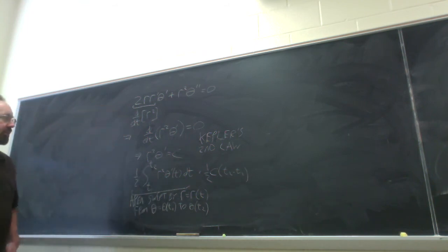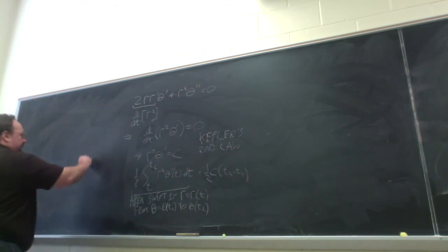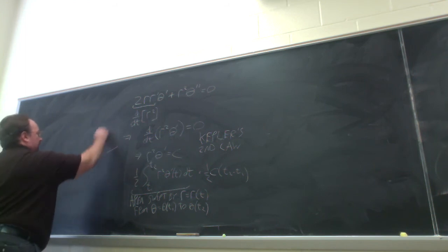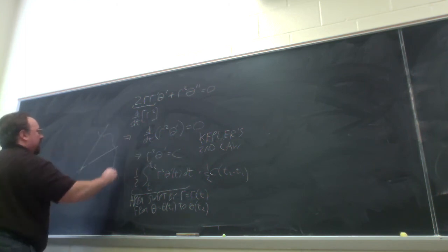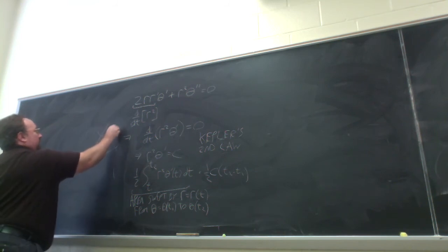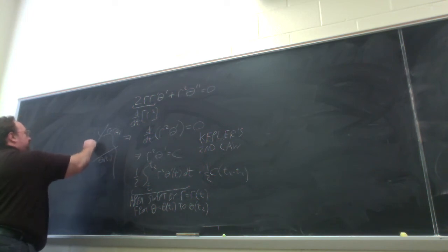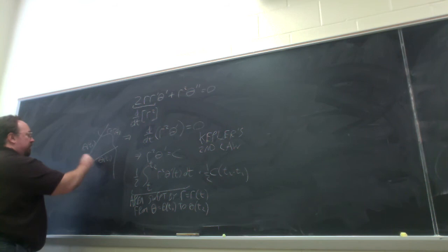So what happens is, in polar coordinates, this is r equals r of t. This is the angle theta of t1. This is the angle theta of t2. So this integral gives you the area. So this is the area of a polar curve.